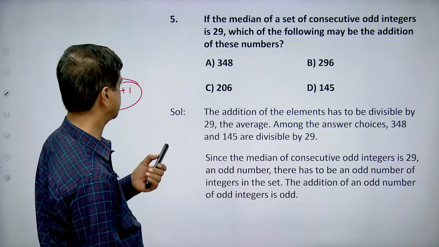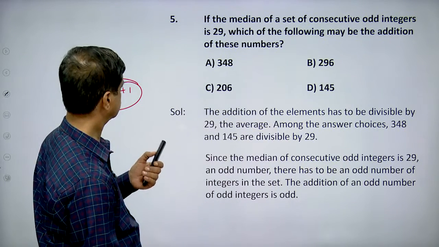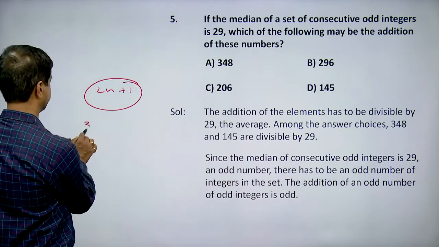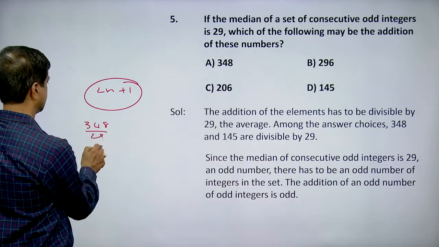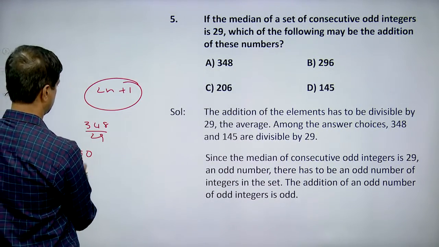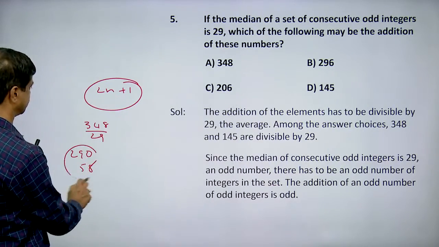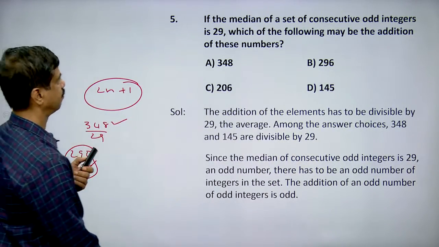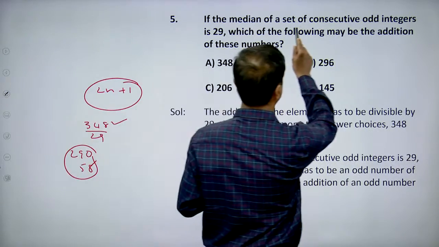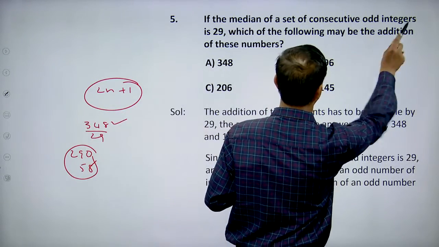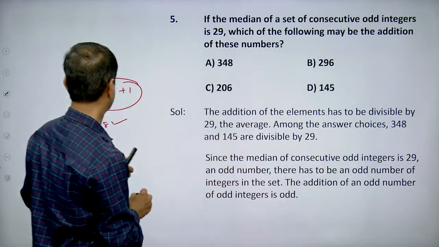Let us take 348 and divide it by 29 and see: 290, then 58, so 348 is also divisible.